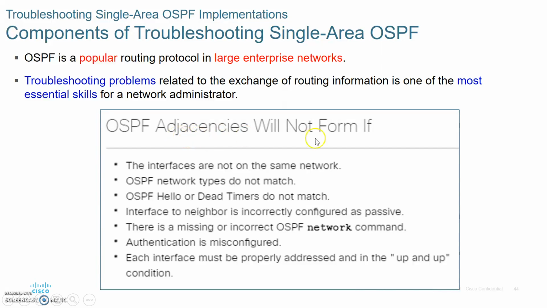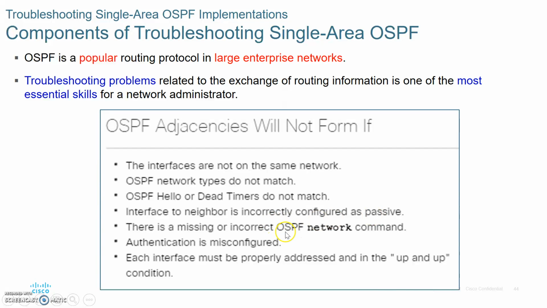When your neighbors do not form, it could be that the interfaces are not in the same IP network. The IP addresses you set on the two routers trying to form neighbors may not be in the same network. Or look at the hello and dead interval. If they do not match, you need to match them so that the routers can form neighbors. Or you set the interface to passive, resulting in it not sending hello packets out.